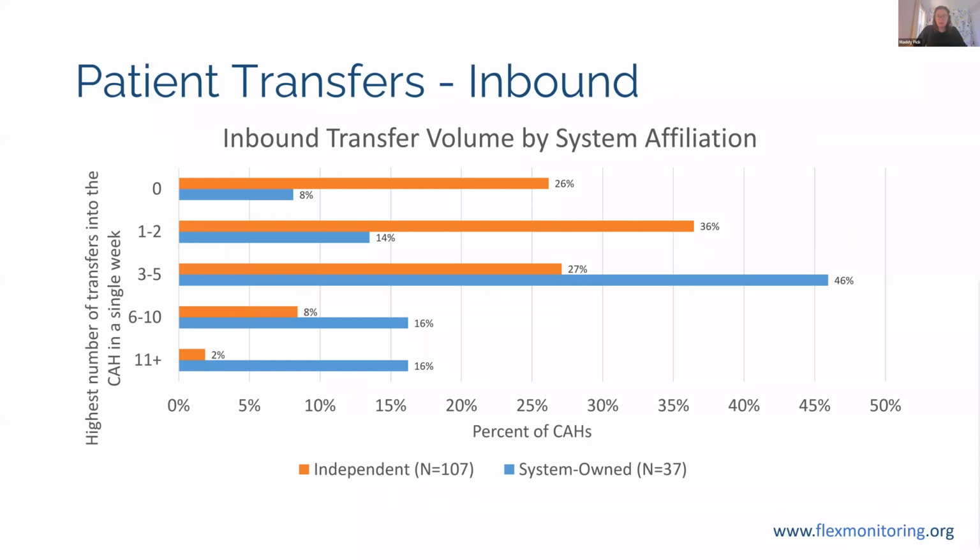And then we also asked about transfers into CAHs. So here we have, again, a different distribution, both from the outbound transfers and a difference between independent and system hospitals. First, I just want to point out that a decent proportion of hospitals, both independent and system hospitals, said that they had gotten 0 transfers over the last 2-ish years, which I thought was interesting.